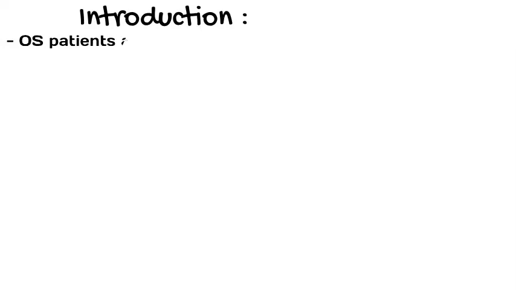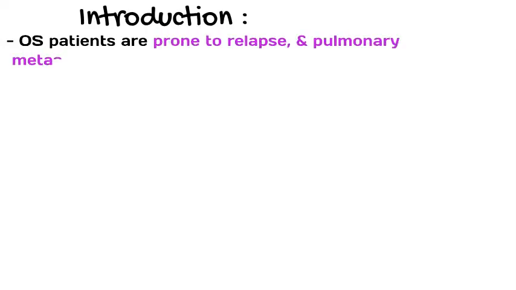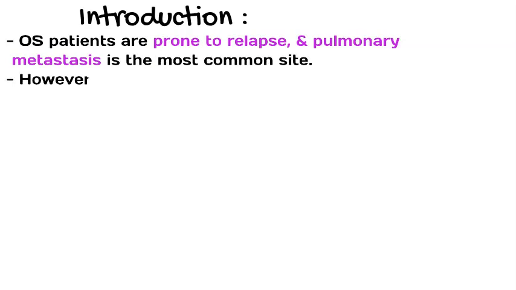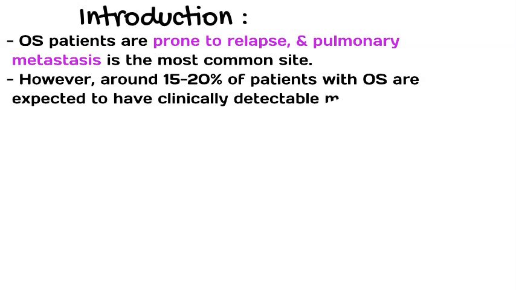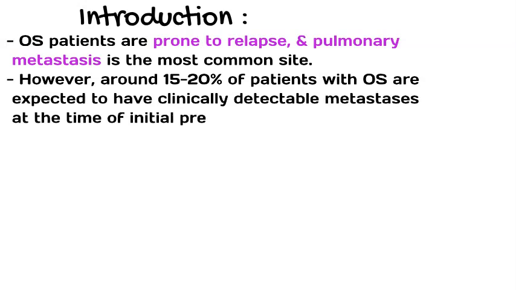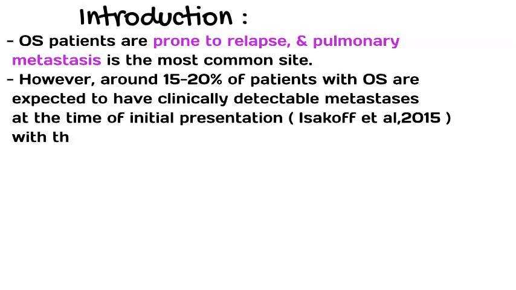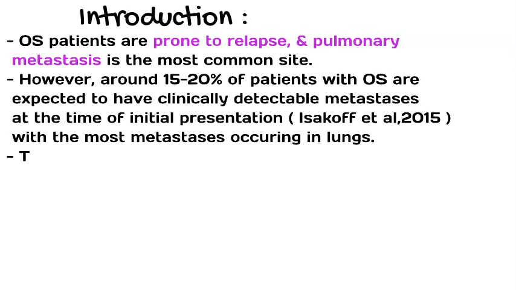Osteosarcoma patients are prone to relapse, and pulmonary metastasis is the most common site. However, around 15 to 20% of patients with osteosarcoma are expected to have clinically detectable metastasis at the time of initial presentation, by Isakoff et al. 2015, with the most metastasis occurring in the lungs.